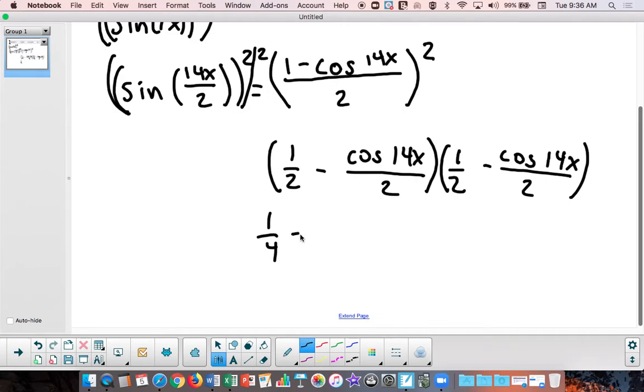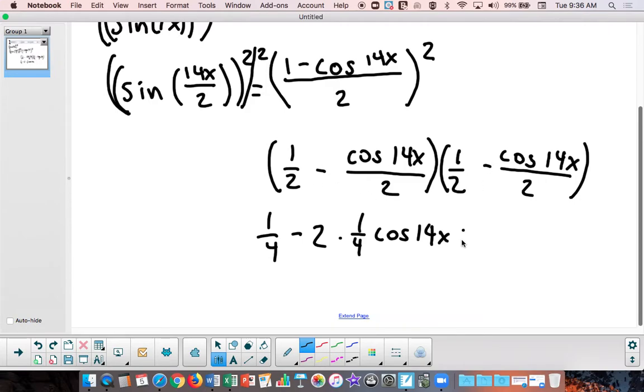So we're going to have minus 2 sets of 1/2 times 1/2, which is 1/4 cosine 14x. And then we're going to have negative times negative 14x.